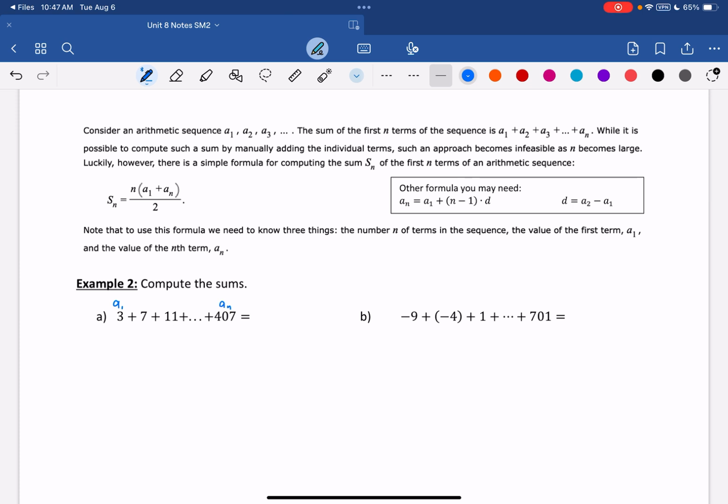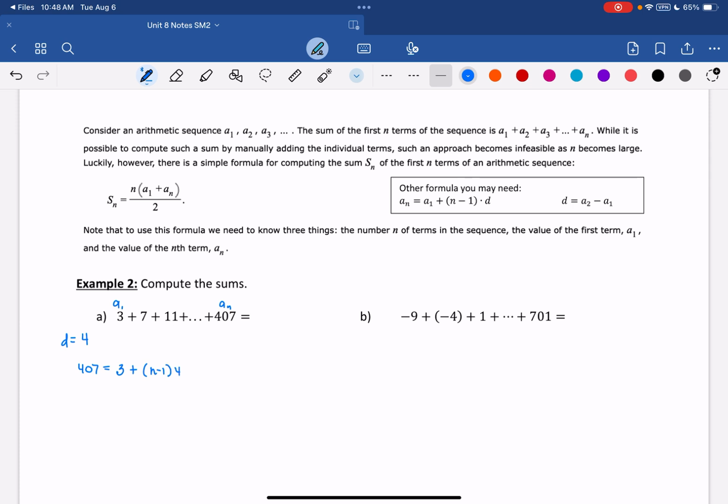We have to figure out what our difference is, because that's going to help us figure out what our n is. What are we going up by each time? Our difference is 4. We know our last term is 407. So we're going to say 407 is equal to a sub 1, which was 3, plus n minus 1 times d, which was 4.